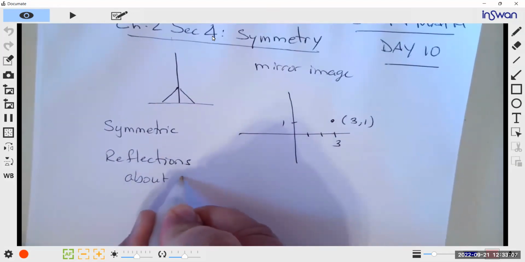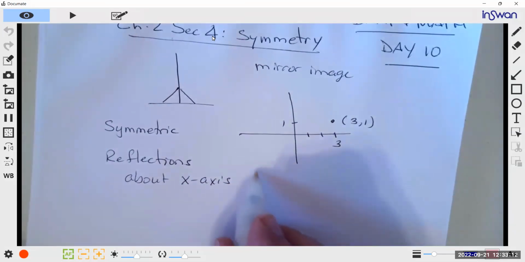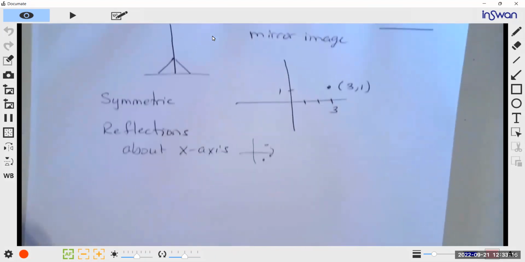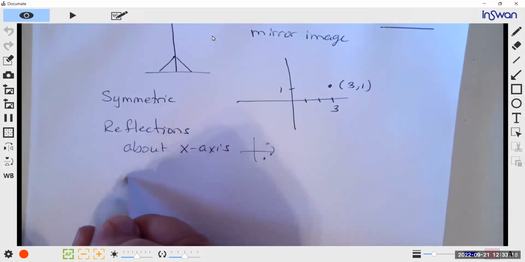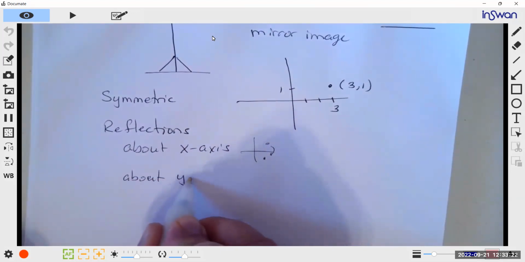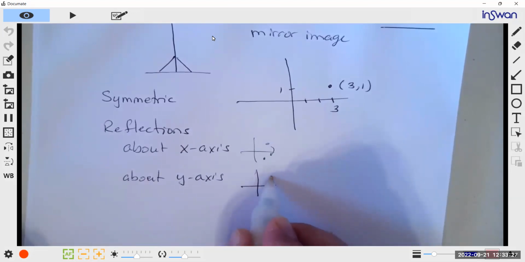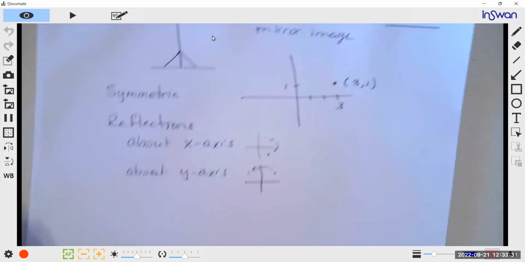Reflection about the x-axis. That means whatever's here will be here. There's a reflection about the y-axis. Means if I have a point there, there's a mirror image right there.